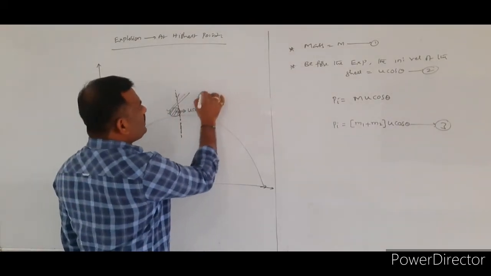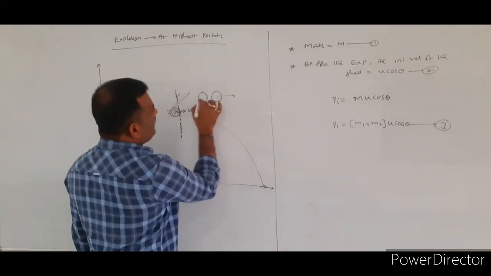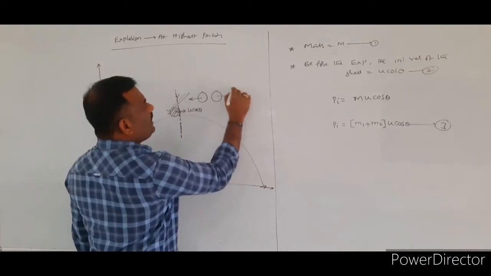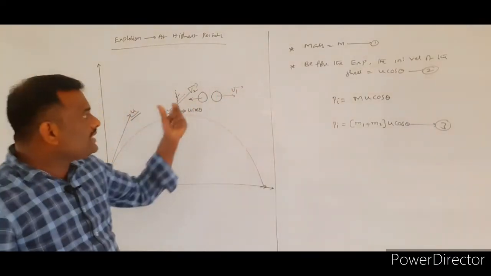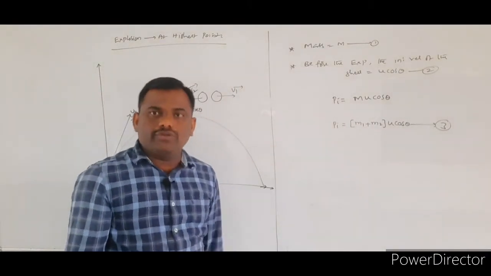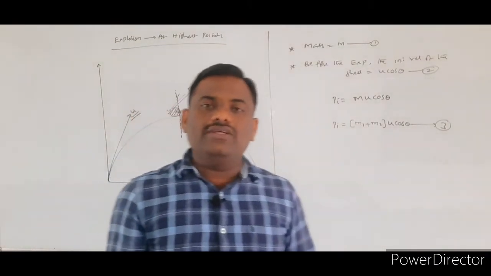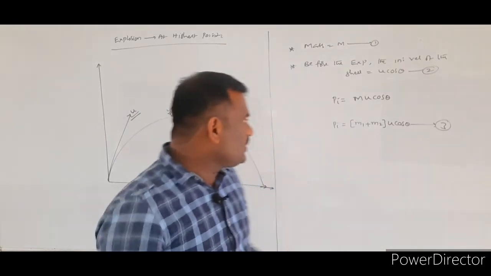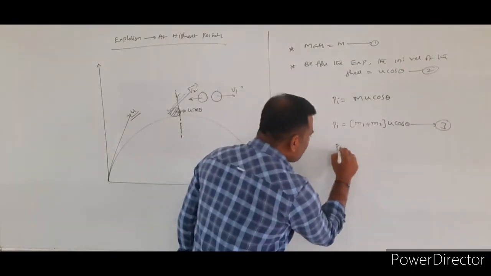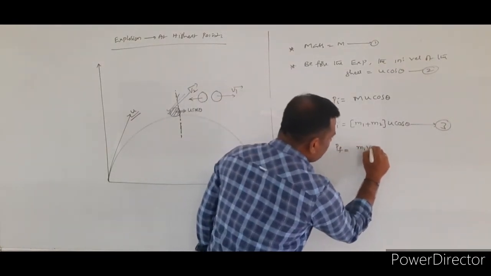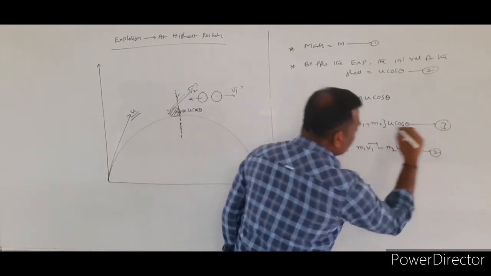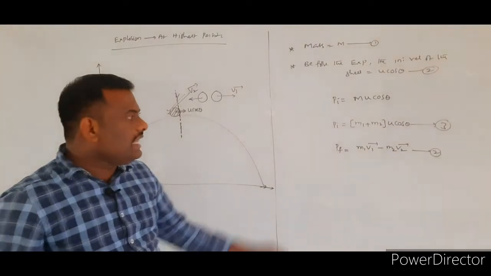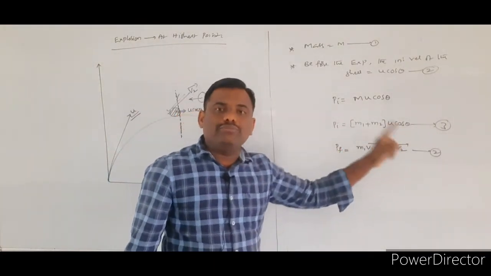After the explosion, let the velocities be V1 bar and V2 bar. Since the 2 pieces travel in opposite directions, their momenta are opposite, so the final momentum of the system is M1 V1 bar minus M2 V2 bar.